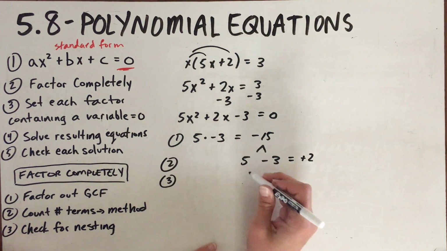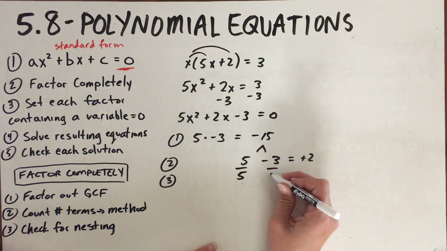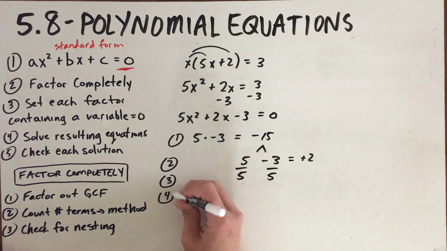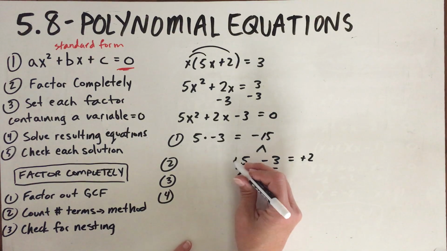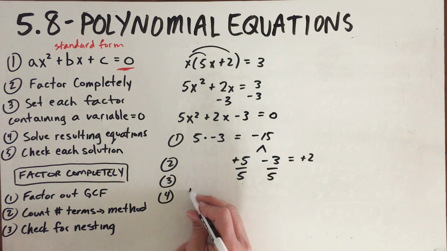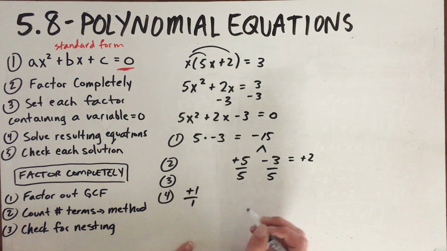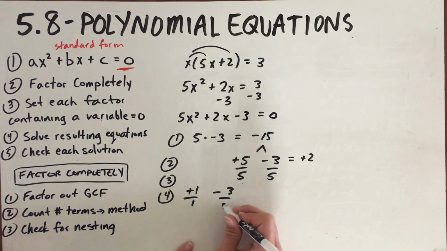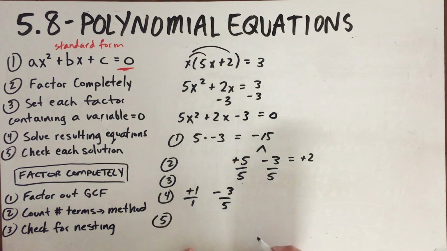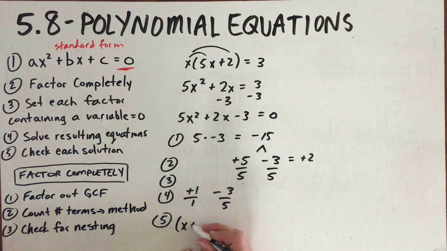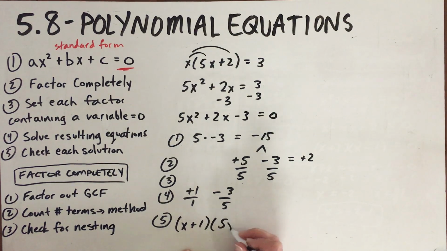I'm going to write these factors over a, which is 5, and then reduce the fractions. Again, this is a positive here and I need that sign, so this is going to be a +1 over 1. I'm going to write it as a fraction, and a -3 over 5. Each one of these fractions represents a factor. In this case, it's going to be x plus 1 and a 5x minus 3.